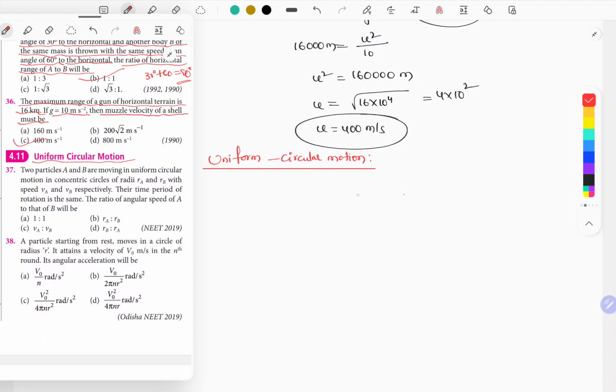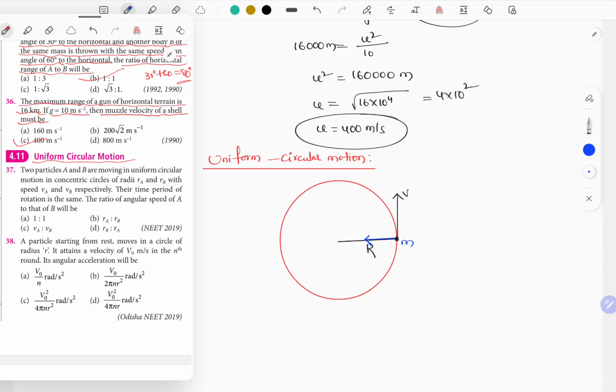I would like to give one important point. All the points required in circular motion, I will give here itself. Try to understand each and every point. Whenever a particle is moving in a circular motion, let's say the radius of the circular motion is r and it is moving with a velocity v. Definitely there will be a centripetal force. That centripetal force is the responsible force for that object to move in a circular motion.